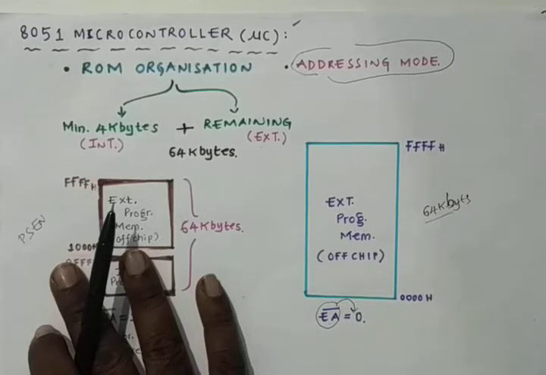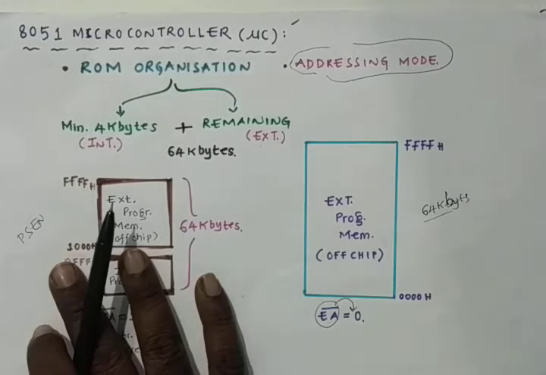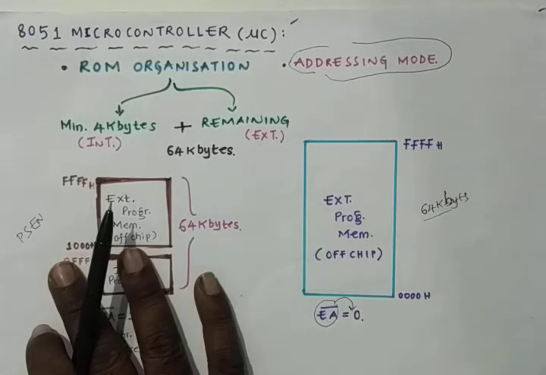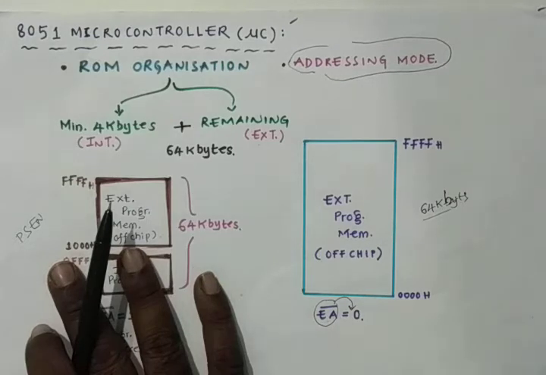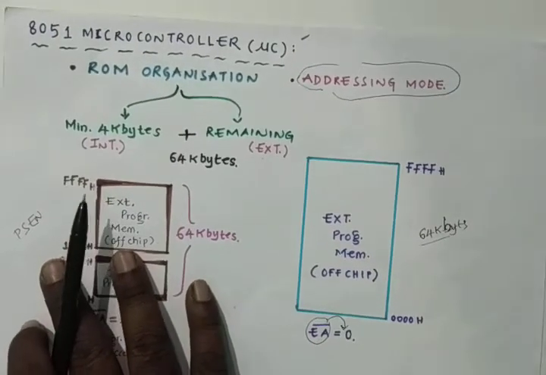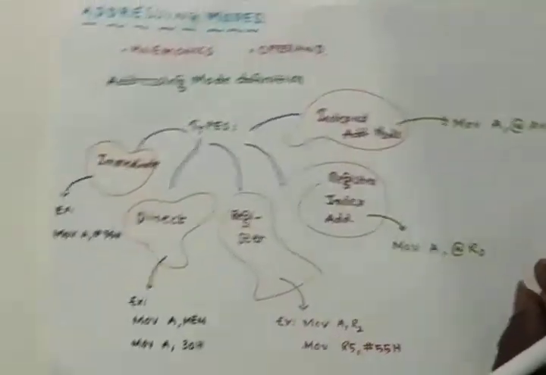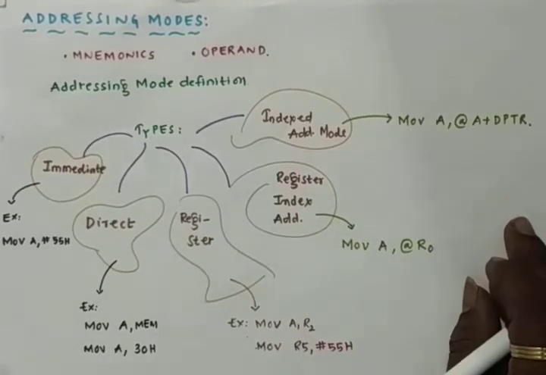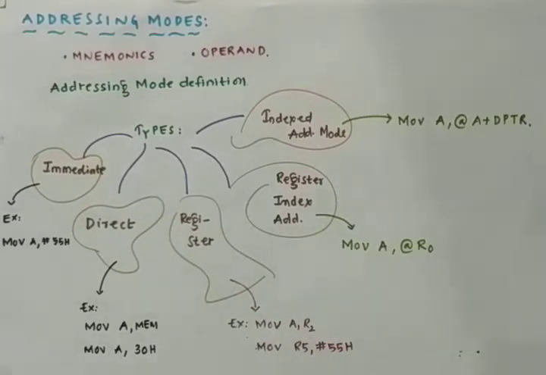Addressing modes are nothing but the way in which we are reading or accessing the data, or the way in which we are fetching the instructions. So here we are going to talk about the addressing modes now, which are present in every microprocessor and microcontroller. This part describes the addressing modes of the 8051 microcontroller.